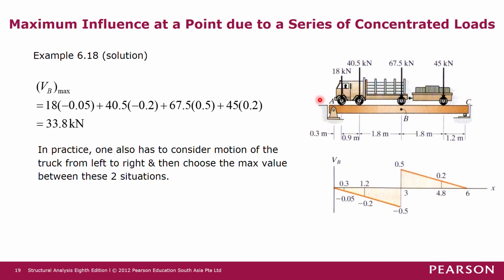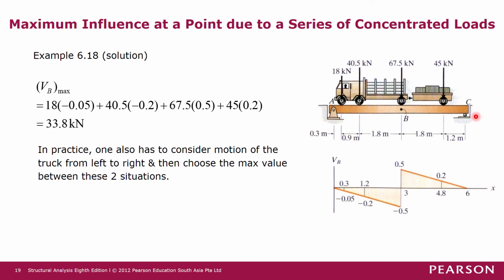In practice we also have to consider motion of the truck from left to right and then choose the maximum value between these two situations. So what it means here is that you reverse the truck and then start moving the truck from the left hand side to the right hand side.